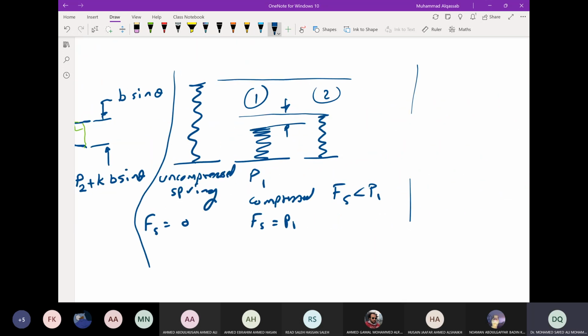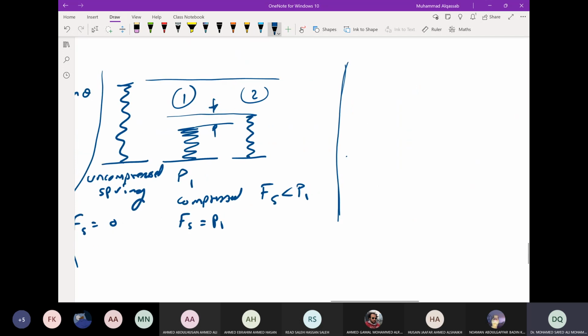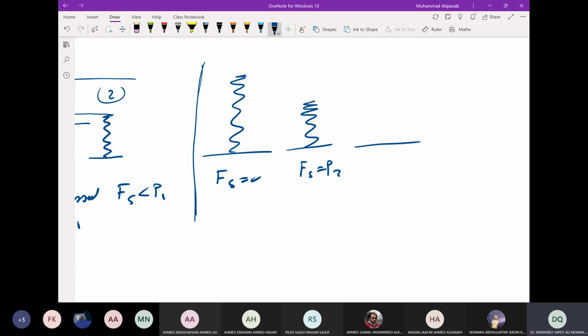For the spring with P2, let's say this was the height or L0 with spring force equal to 0, then it is compressed with force in the spring equal to P2. It is compressed more, then the force in the spring is greater than P2. And how much greater?